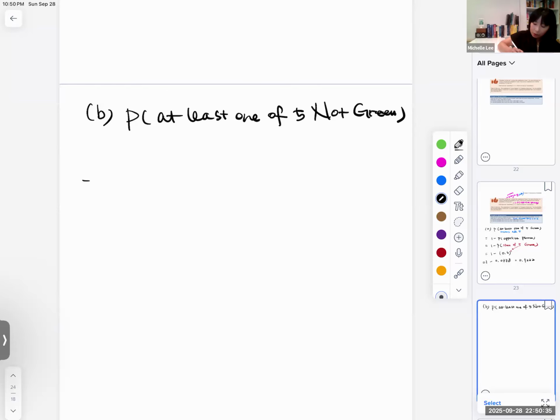It will be 1 minus the probability of the opposite phrase.